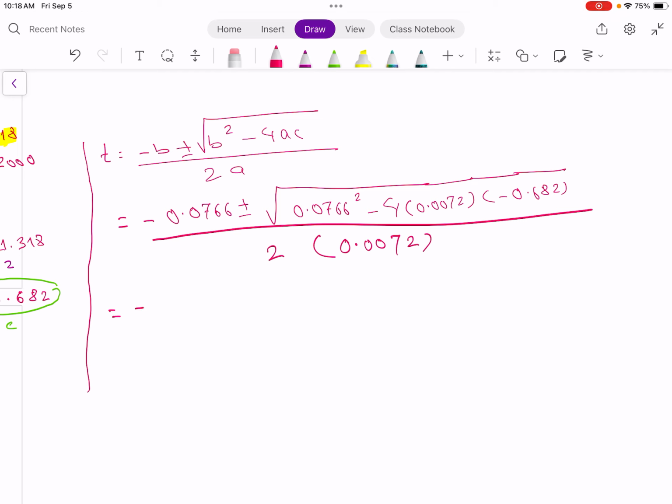So let me write b as it is, 0.0766 plus or minus. Can anyone simplify everything under this square root using your calculator? So first type 0.0766 square minus 4 times 0.0072 times negative 0.682.